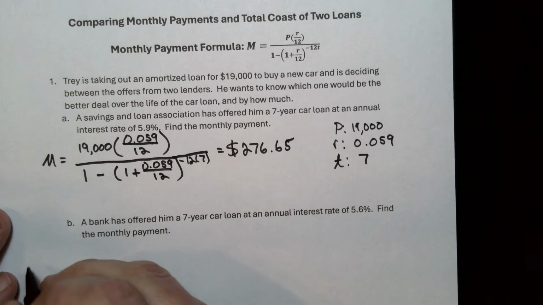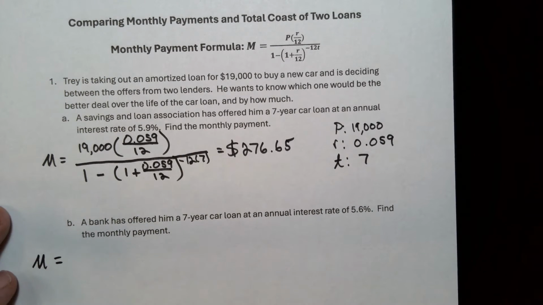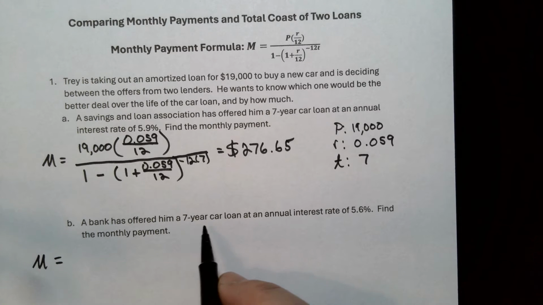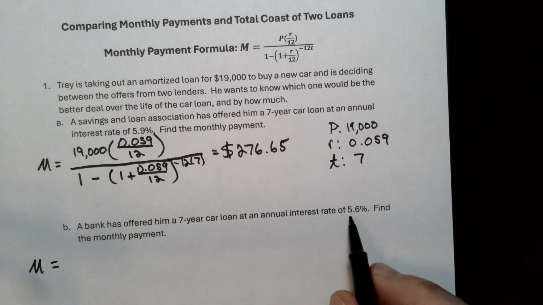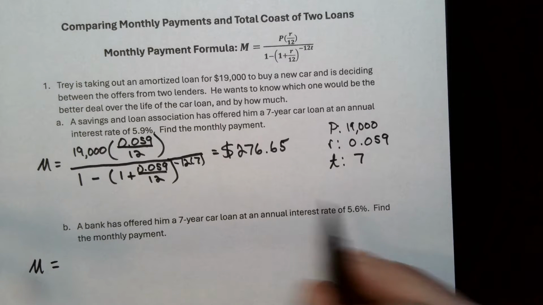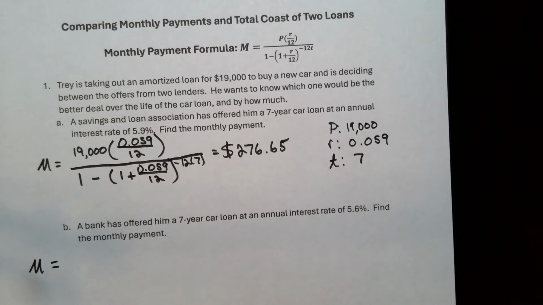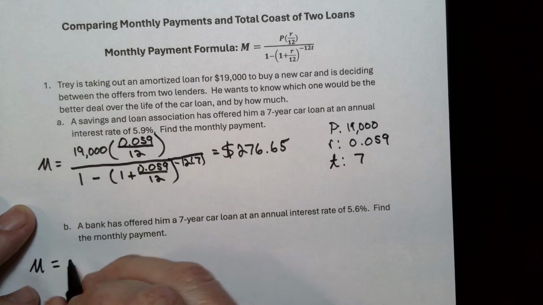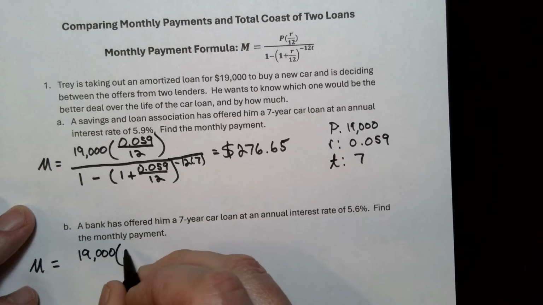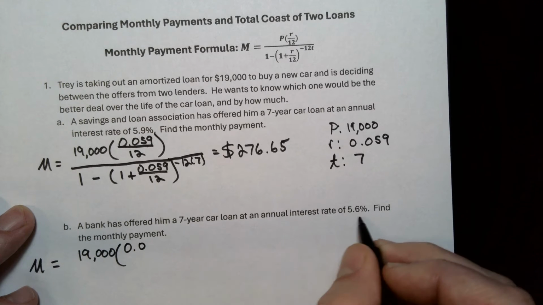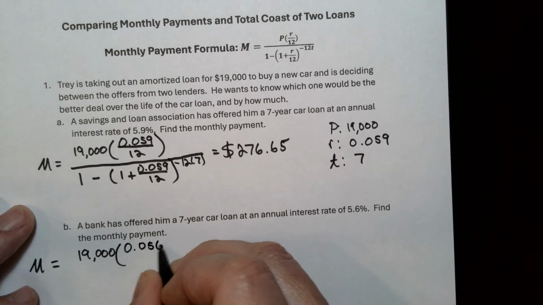Okay, for the next one, let's see what that is. So the bank has offered him another 7-year loan. So this is a bank, not the savings and loan, at an annual interest rate of 5.6%. That is less than this by 0.3%. Okay, so find the monthly payments. So same numbers, 19,000 times 0.056, right? Because we divide this by 100.